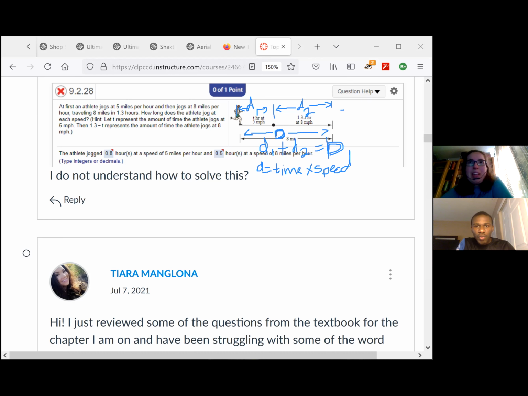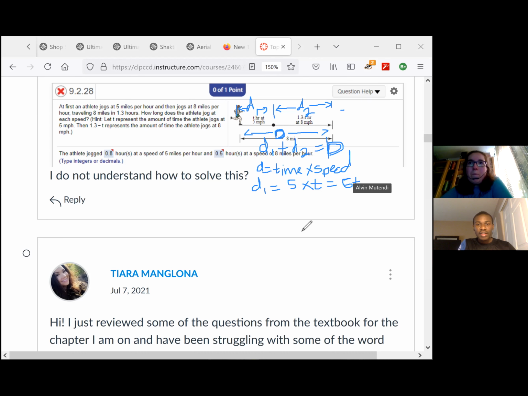So what is D1 in terms of time and speed? For D1, we've got 5 mph, that would be the speed. The time is T hours, it's already indicated there. That times T gives you 5T, right?